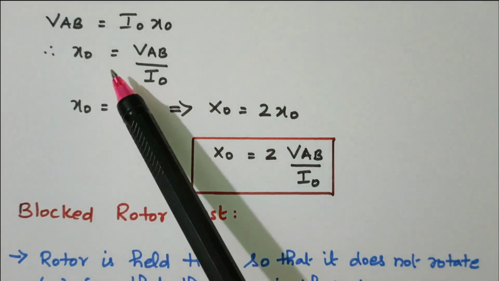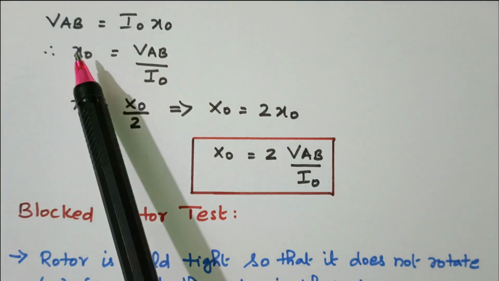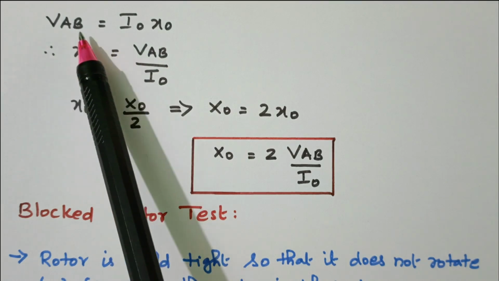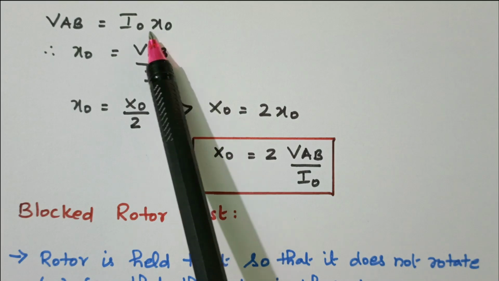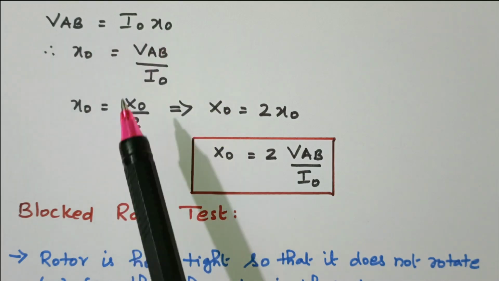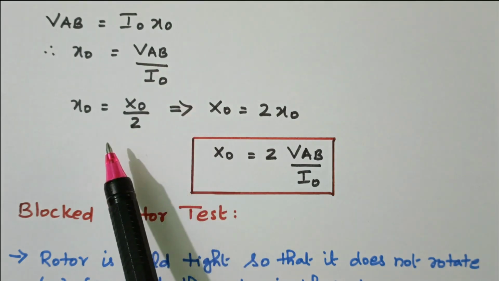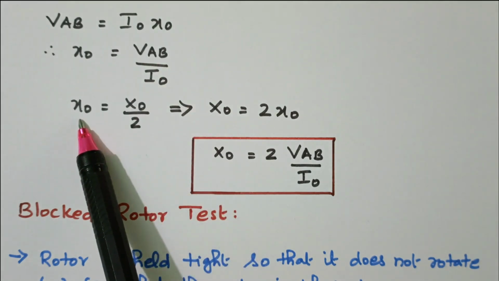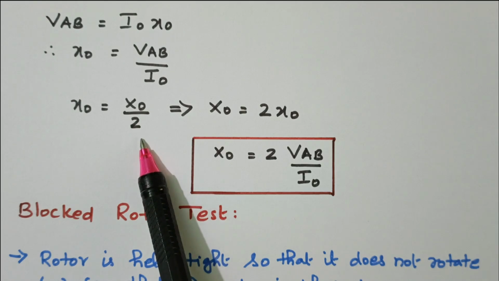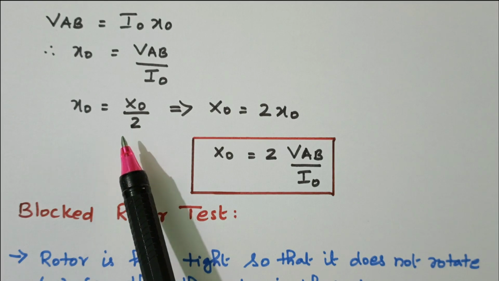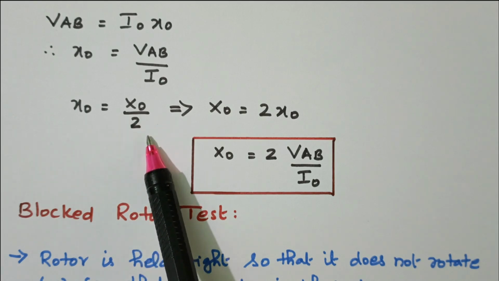So VAB equals I0 times X0. The voltage across it is the no load current flowing through X0. V equals I into R, so X0 equals VAB by I0. We know that small x0 equals capital X0 divided by 2, because we have two rotor circuits, forward and backward, so it is exactly divided into 2.